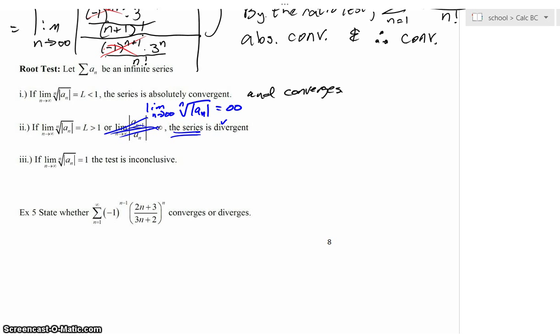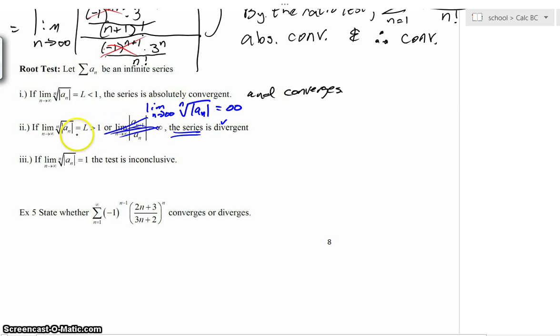Of course, an nth root would cancel an nth power. Well, if we've got this infinite series, if we were to take the nth root of the absolute value of a sub n, and if we arrive at a limit value that is less than 1, your series is absolutely convergent, and that means you converge without absolute value as well.